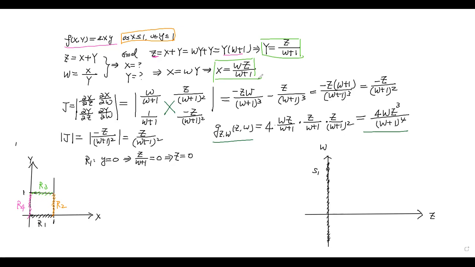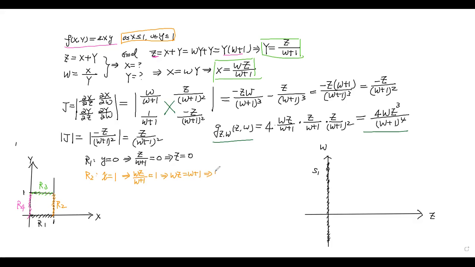Okay, so now let's take a look at R2, and that's why I'm color coding that. What does R2 mean? R2 means x equal to 1, correct? So if x equal to 1, here's my x, I know wz over (w+1) equal to 1. Then wz equal to w+1.